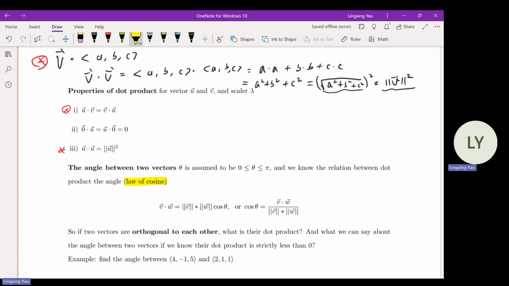Okay, for any arbitrary vectors v and w, we can define the angle between the two vectors as theta, and then the dot product of those two vectors is indeed given by this: the length of the first vector times the length of the second vector times the cosine of the angle between those two vectors. So this is what we say about the law of cosines.